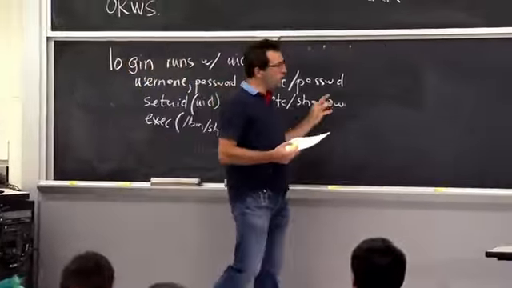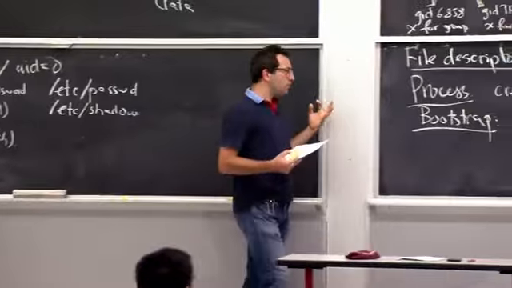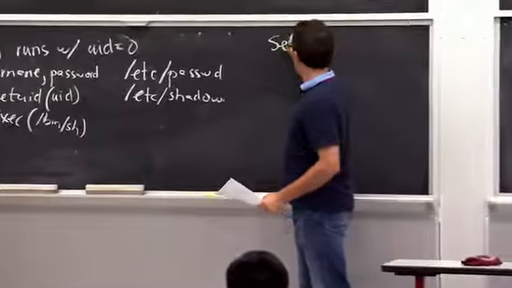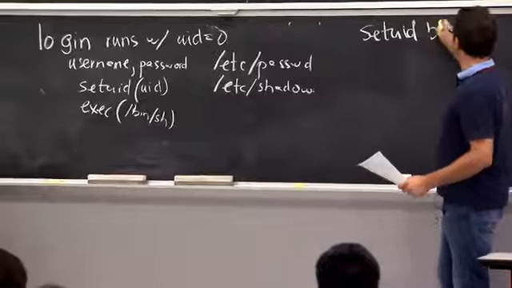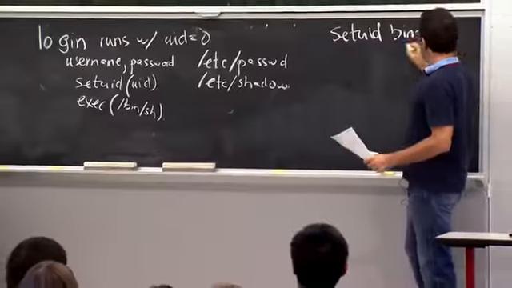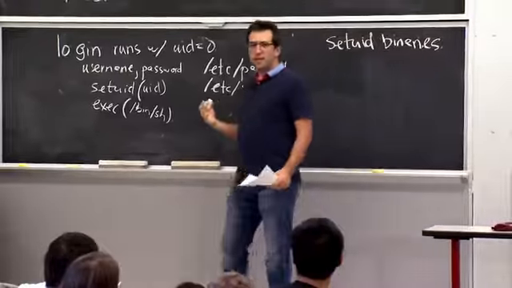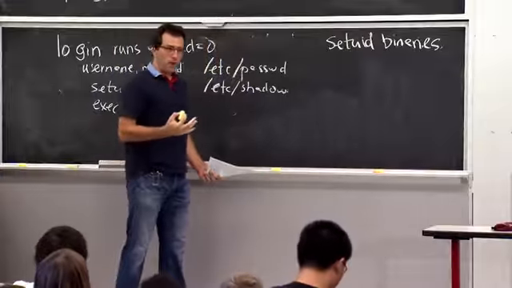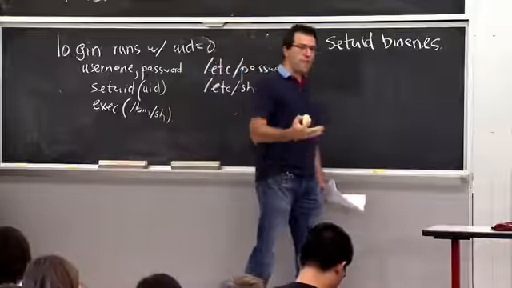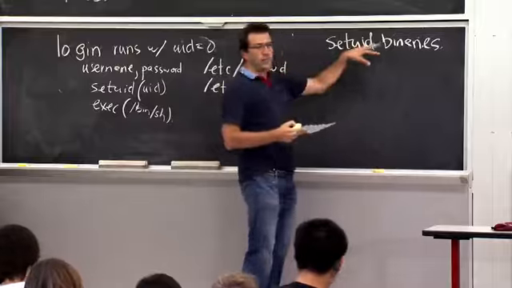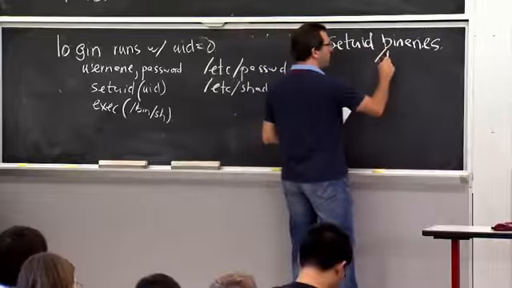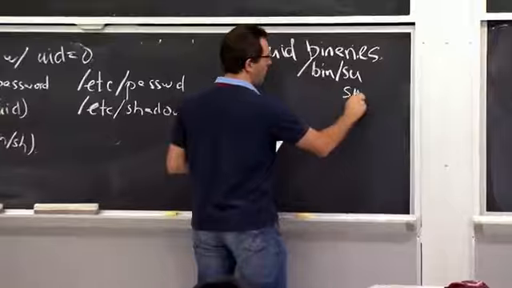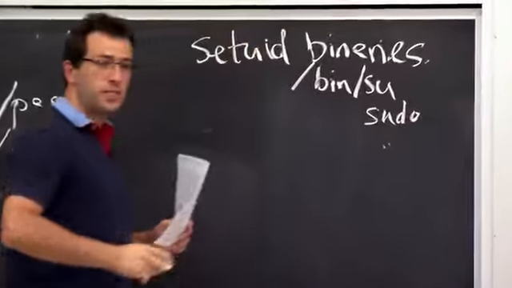So in order to do this, Unix has this sort of clever, sort of problematic mechanism called setuid binaries. So setuid binaries are just regular executables in a Unix file system, except that when you call exec on a setuid binary, one example is /bin/su on most machines, or sudo as well, there's a bunch of setuid binaries on a typical Unix system.